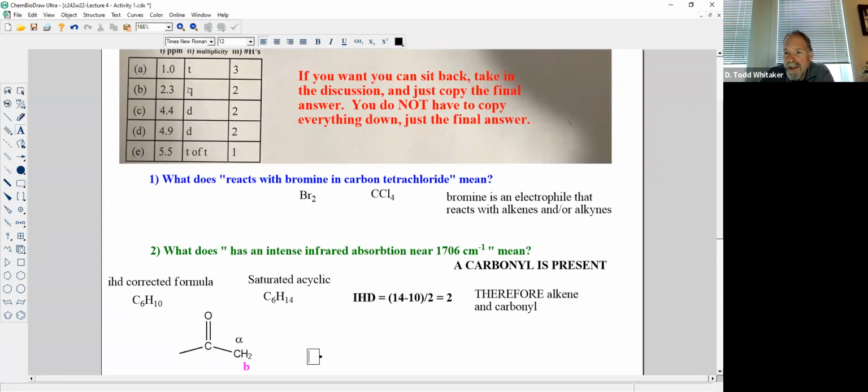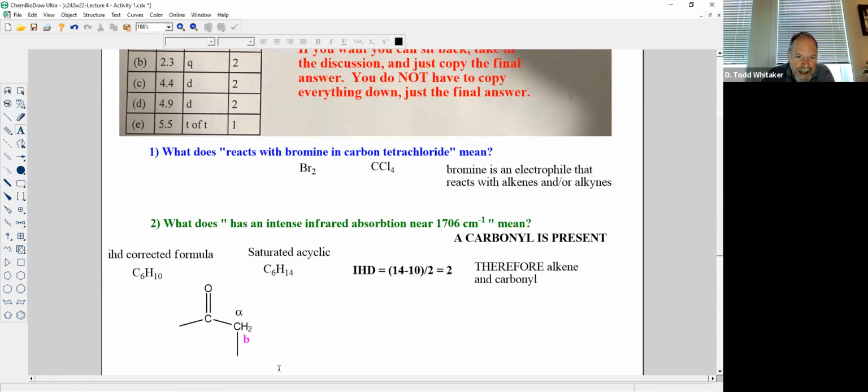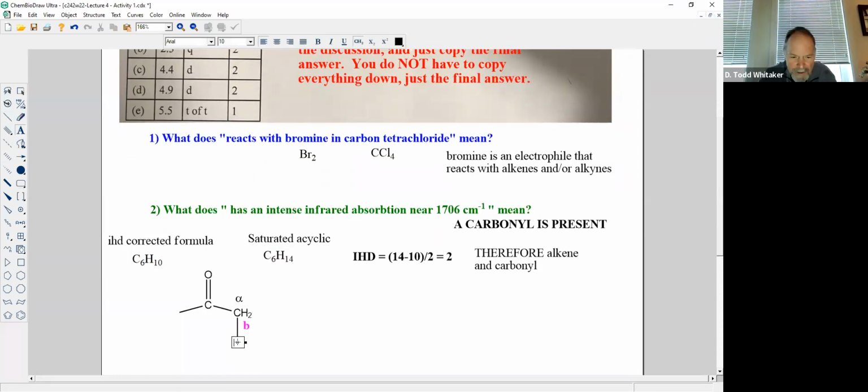It has 3 neighbors. That's what quartet means. And n plus 1 equals 4. Therefore, neighbors is 3. Tell me you know there's a CH3 here, and figure out what letter you're going to put with that.